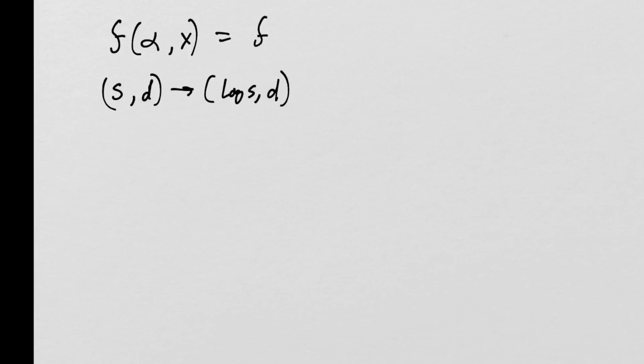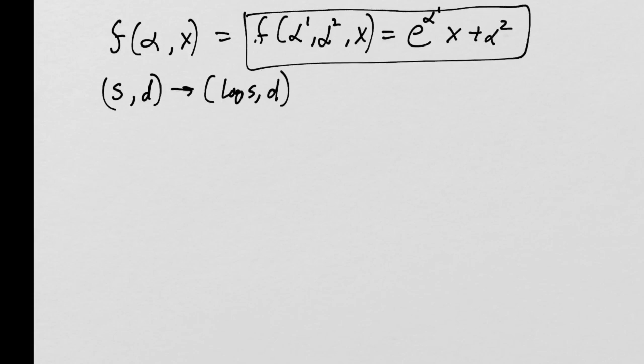Now I replace this with the coordinates of alpha. So alpha's first coordinate and alpha's second coordinate and x. Now it used to be this first coordinate was just the scaling and the second coordinate was just the shift, but that's not true anymore, right? But now what I do is the result is going to be e to the alpha 1 times x plus alpha 2. And that's the new transformation function, right? The function that's from the Cartesian product of the group and the underlying vector space or the carrier space back into the vector space.